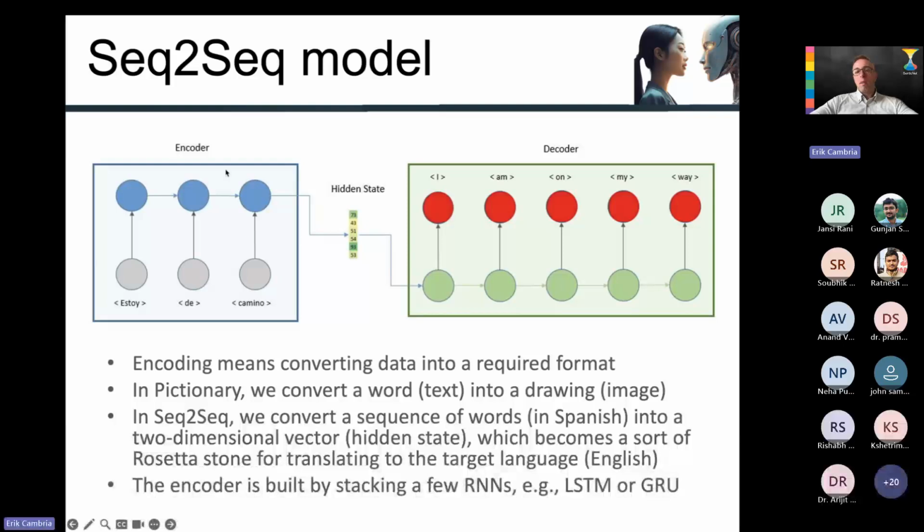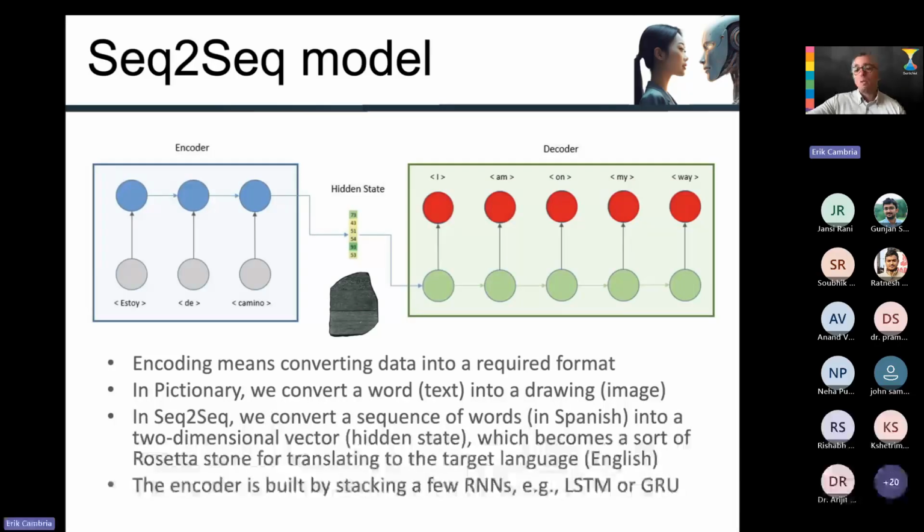So instead, I represent these three words using some sort of convolution, some sort of continuous bag of words, into this compressed hidden state, and then I pass this to my decoder, which has another kind of dictionary to translate the same meaning into a new language, English, the target language.